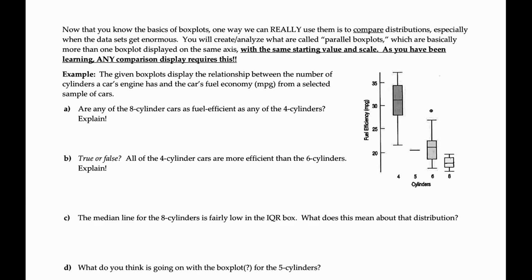In this example, the box plots display the relationship between the number of cylinders a car's engine has and the car's fuel economy in miles per gallon, selected from a sample of cars. What I'd like you to do is see if you can answer these 4 questions independently. Make sure you pause the video and try them out.